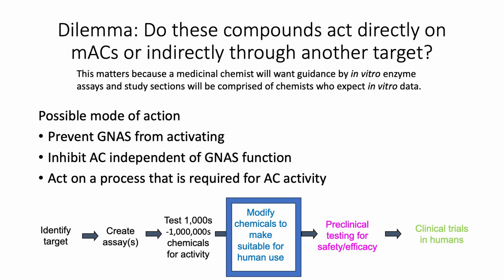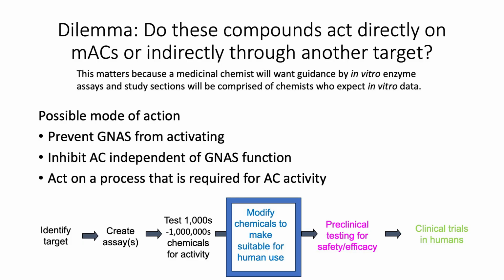And so this leaves us 3 possible mechanisms of action. They could prevent GNAS from activating the cyclase. They could inhibit the cyclase independent of GNAS function, or they could act on a process that's required for adenylyl cyclase activity. Now, why is this a problem?